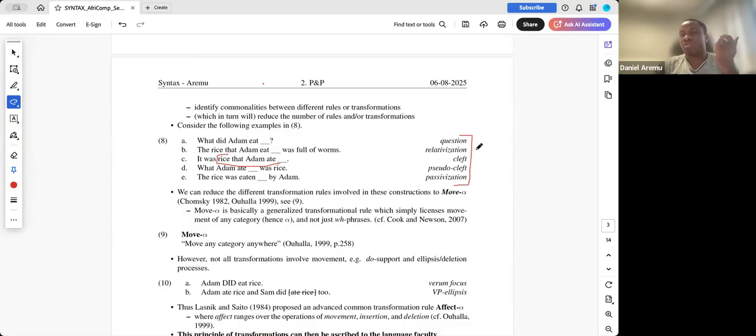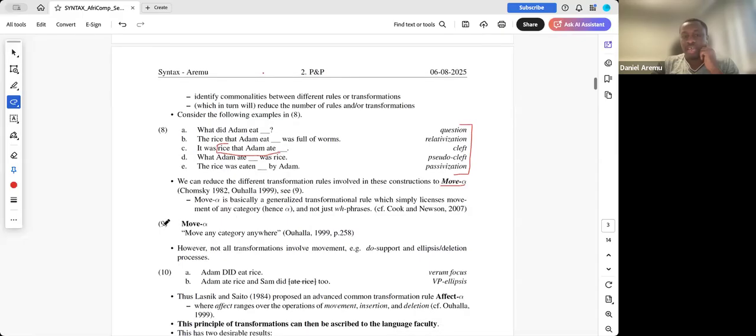I mean, we can say they form a natural class, basically. What does it mean by forming a natural class? It is because they all involve movement. So one thing that is common to all of them is that even though they look different on the surface, they have a single operation going on, which is movement. Now we can just say move alpha, where alpha basically means more like a generic term. So move alpha, move something, and that is what you have in 9, right?